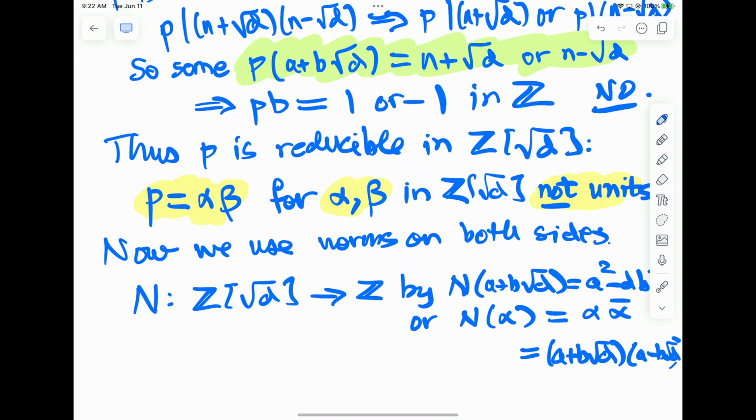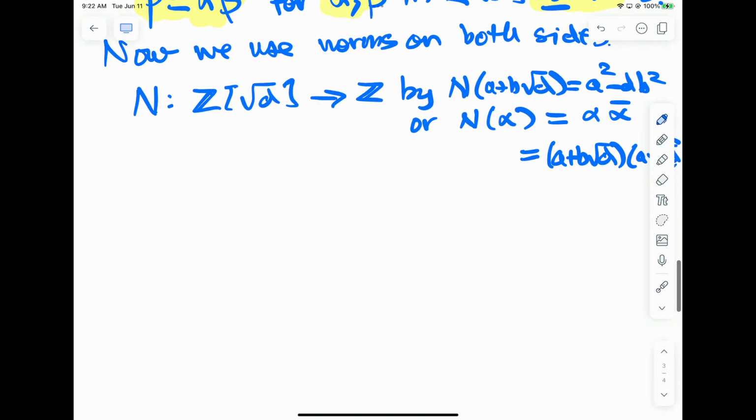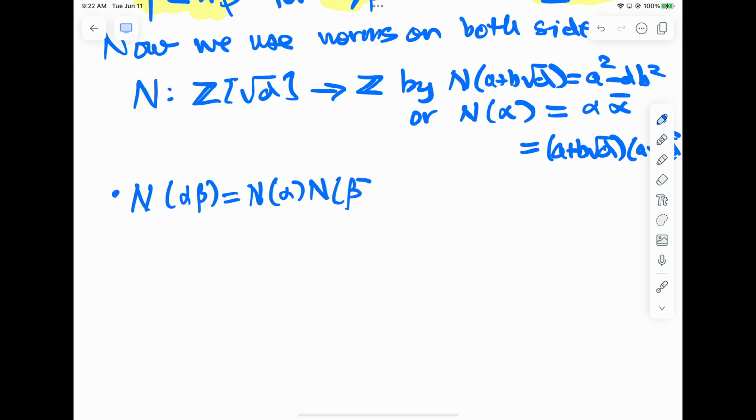So that's the conjugate. And the crucial property of the norm here is that the norm is multiplicative. Norm of alpha beta is norm alpha times norm beta. This is simply a calculation. You sit down and you do it, and maybe at a later point in your studies, you learn that norms can be interpreted as determinants of certain matrices. So this multiplicativity of the norm is a reflection of the multiplicativity of determinants, but you don't need to know that. You can just do the math, and it works out.